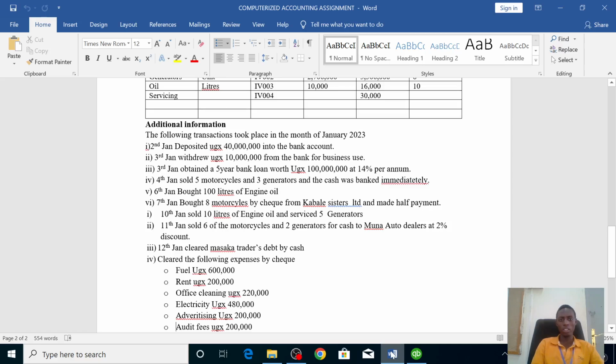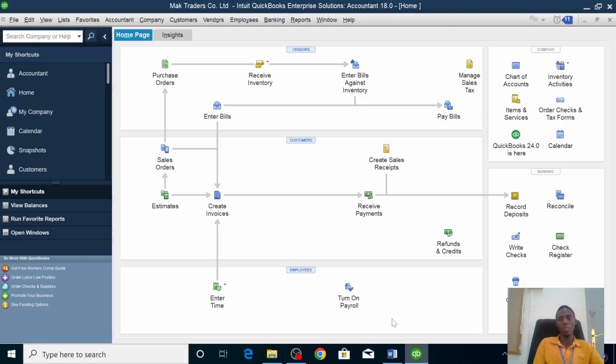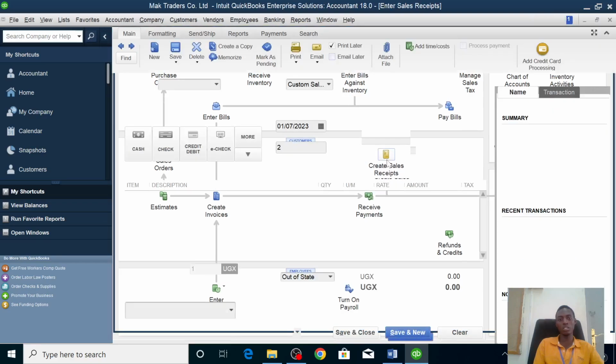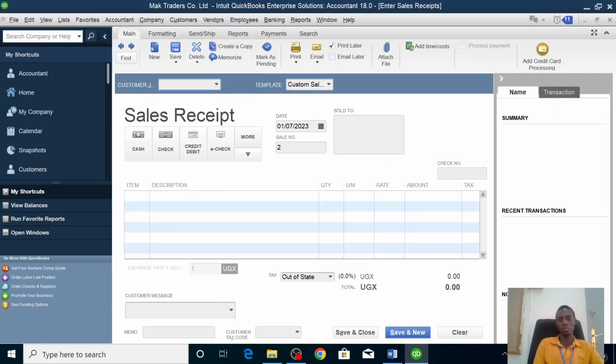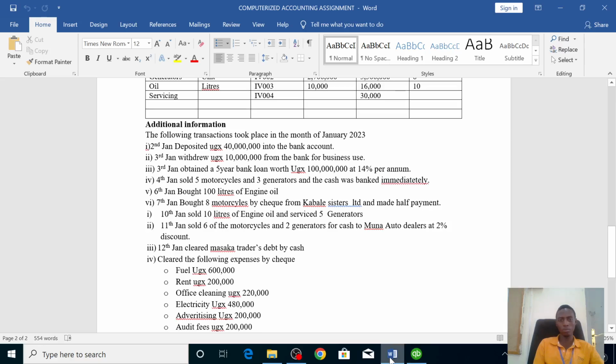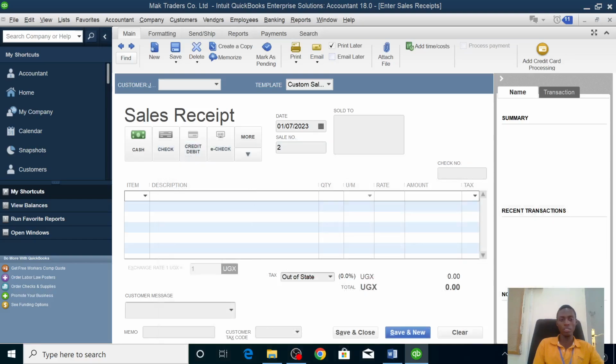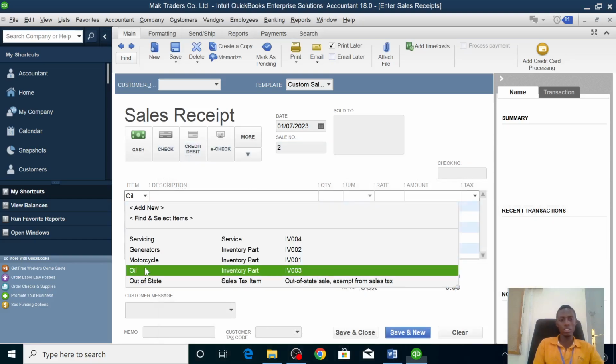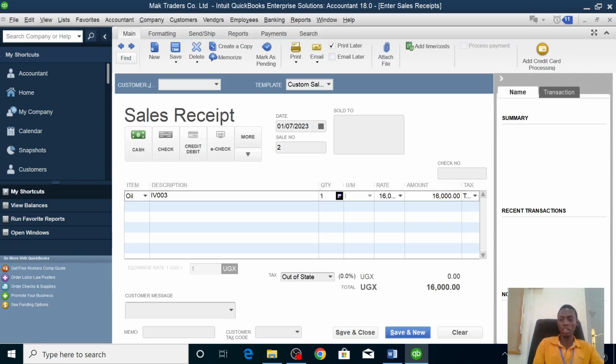I have on 10th, just sold 10 liters of engine oil and serviced 5 generators. Come here. That's a sale. Create sales receipt. It was cash because they didn't specify. Engine oil, they are 10 liters.